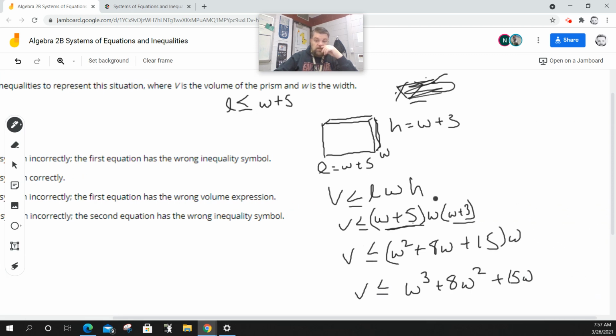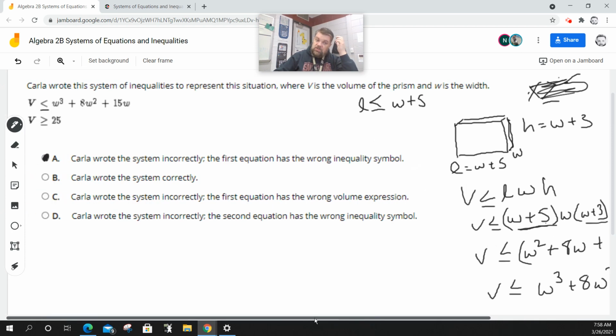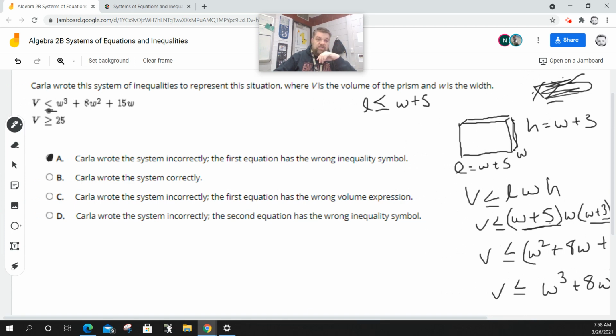In other words, this could be true when I say at most. That's not excluding this value. Because we're not excluding this value, we should have this symbol instead. Less than or equal to, and it's missing that or equal to. The second one is correct because of the way it's worded. I think it's just this little equal to part that makes it incorrect.